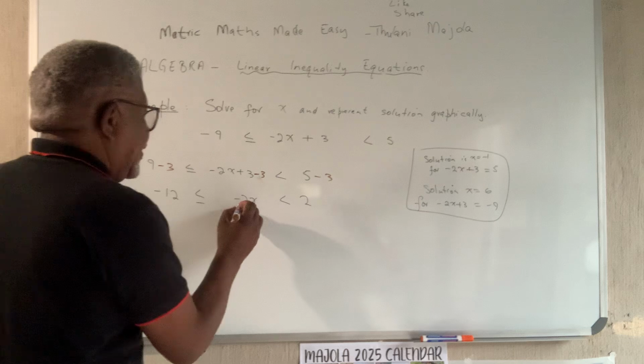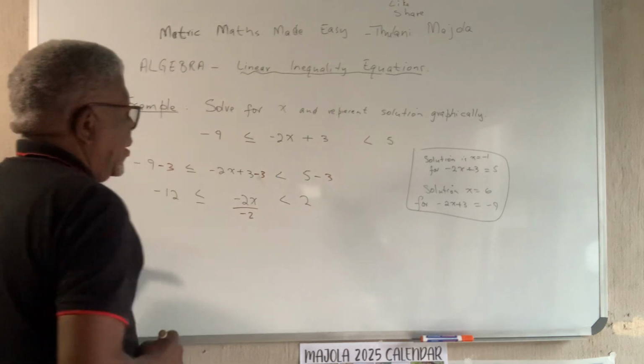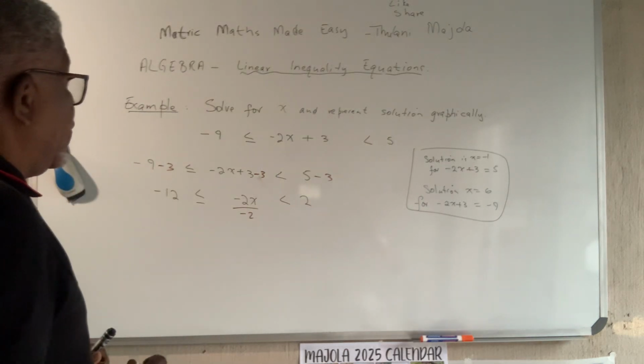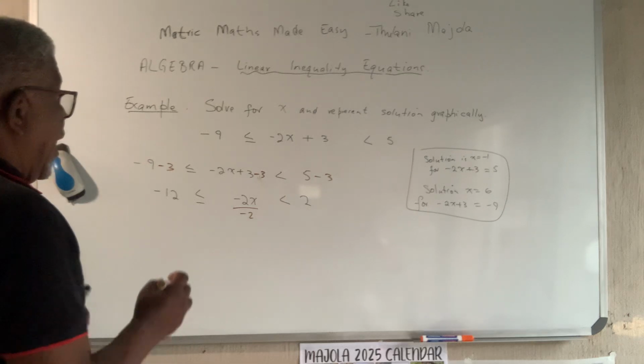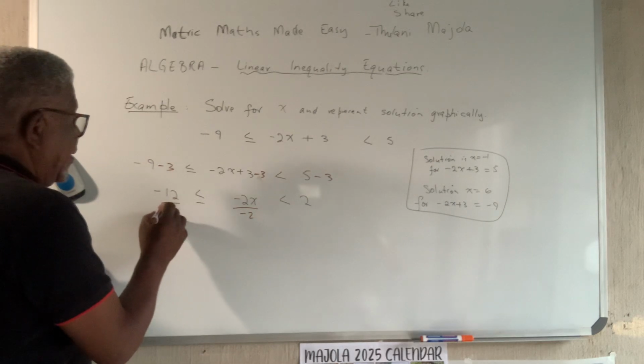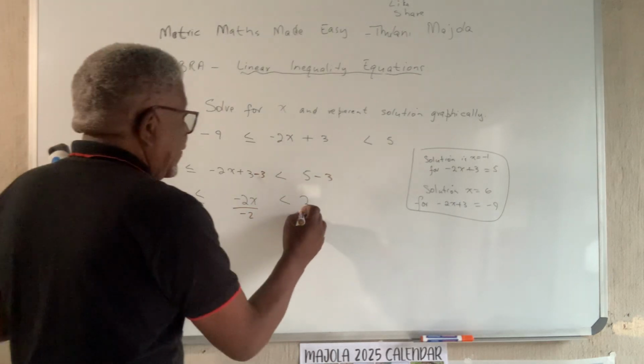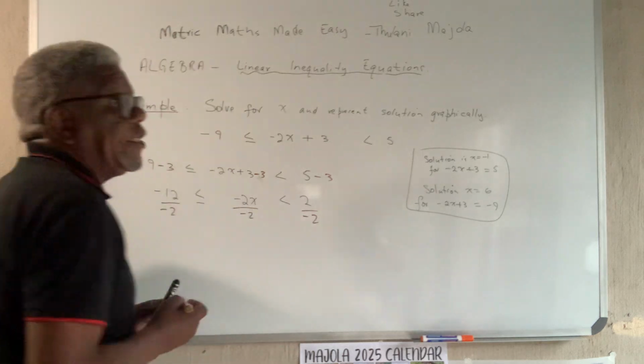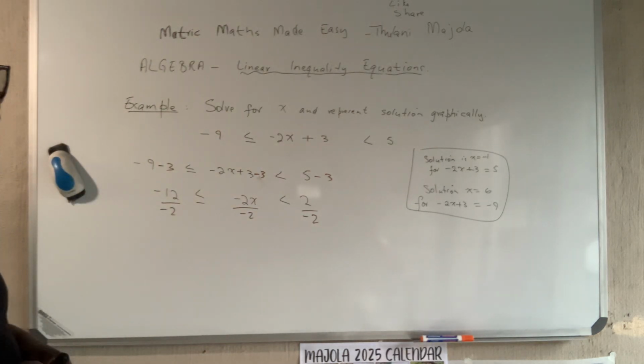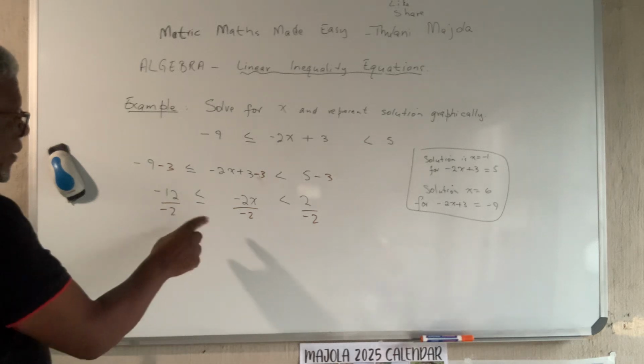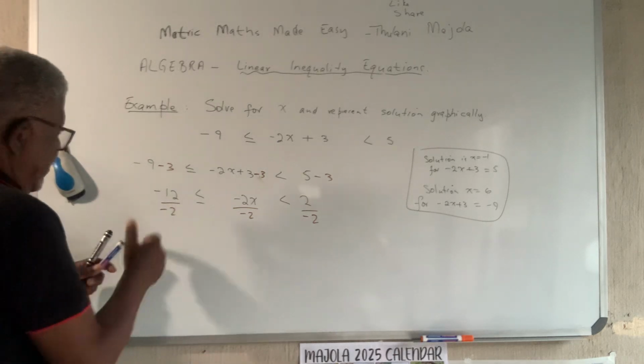So we have to divide here by negative 2. Remember, we've got this inequality sign, and we're dividing by a negative. I explained that when you divide or multiply by a negative, the inequality sign changes. Let me write the answers first.